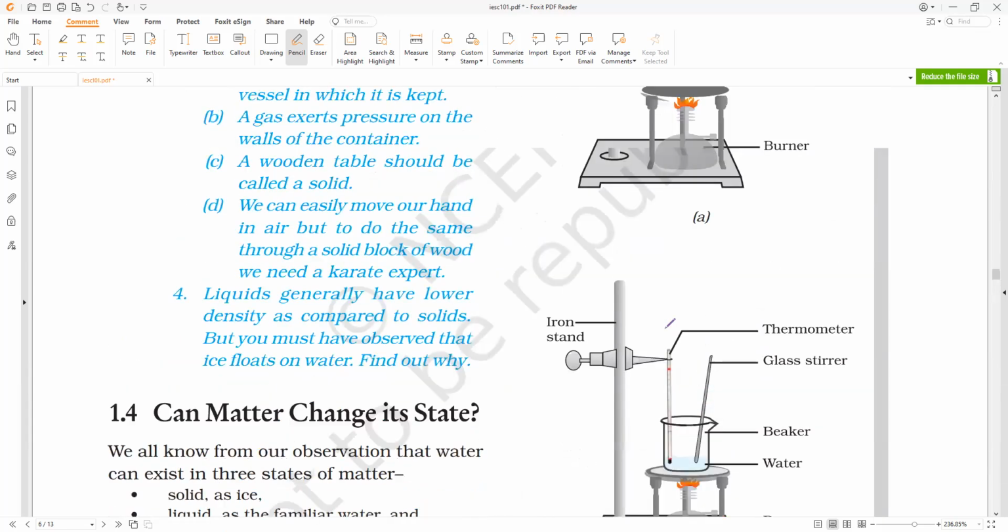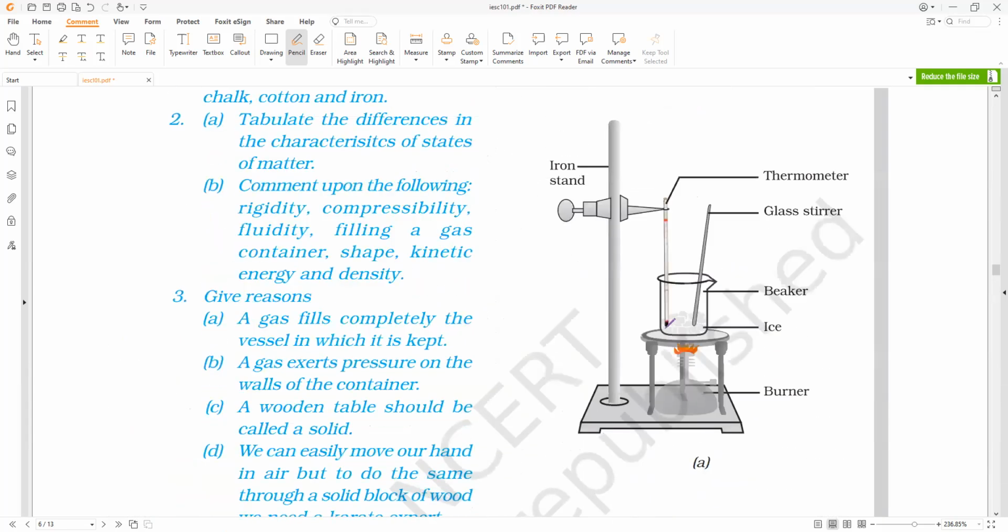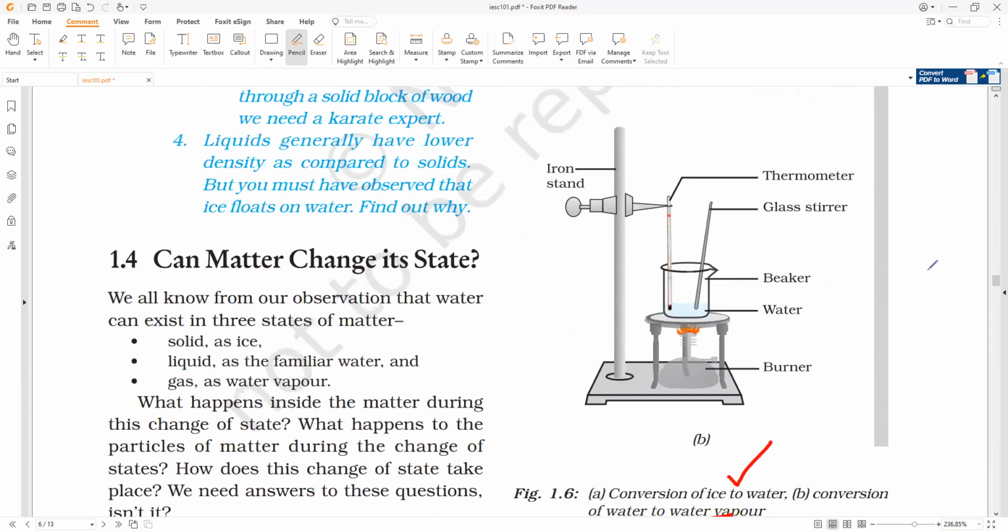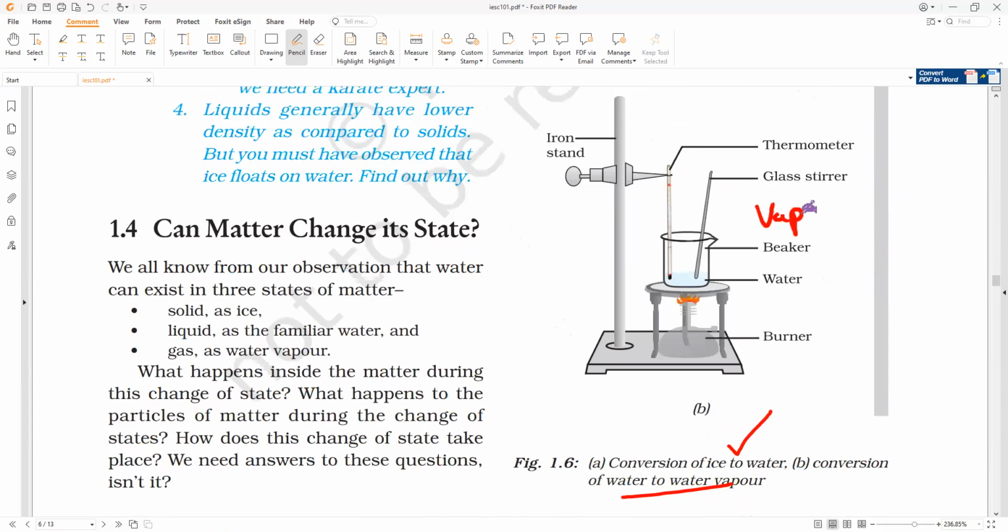Here we get the latent heat of fusion for ice to water, and the latent heat of vaporization for water to vapor.